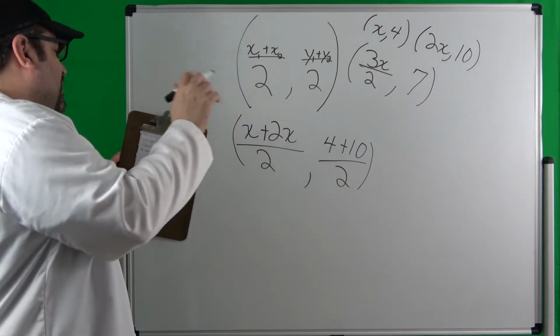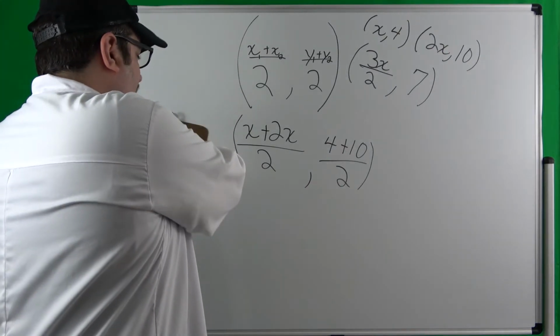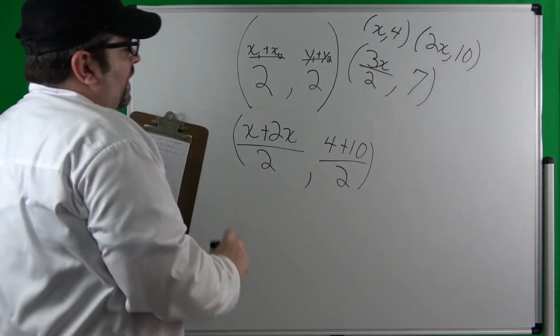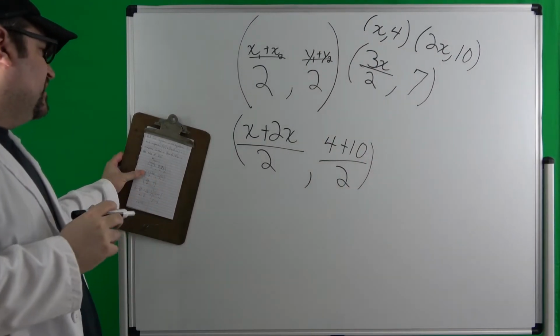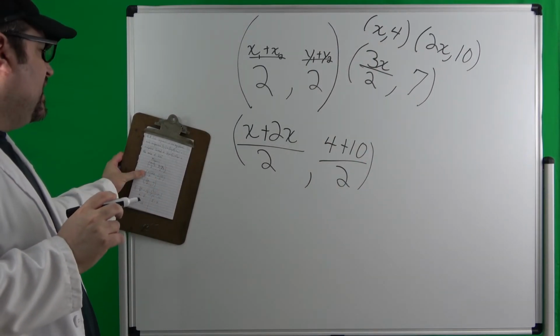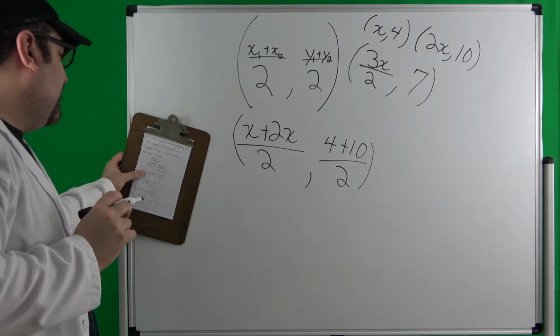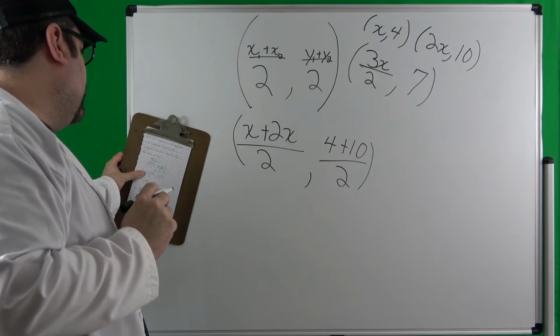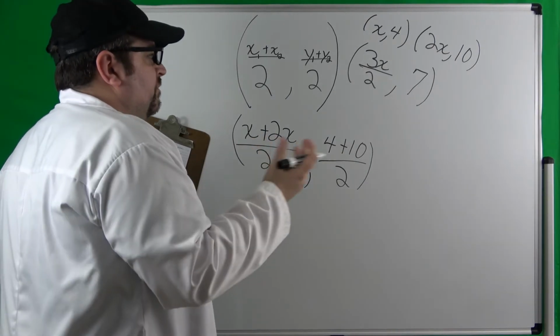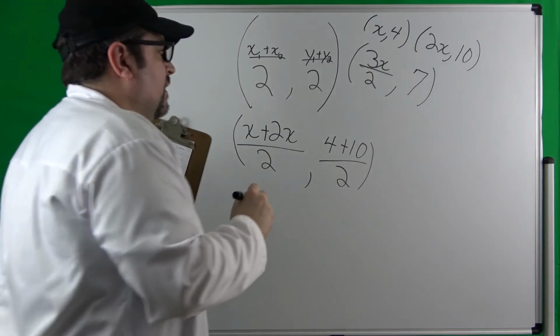So that is the midpoint that we came up with from these two points. But the problem said that the midpoint was at (12, x minus 1). So what can we do there? We can just make a proportion.